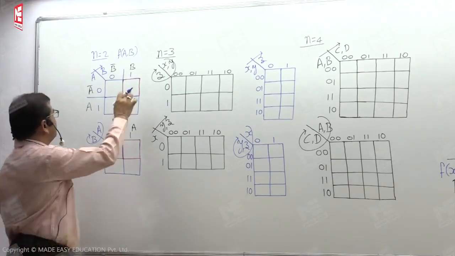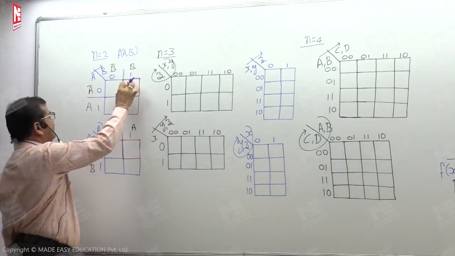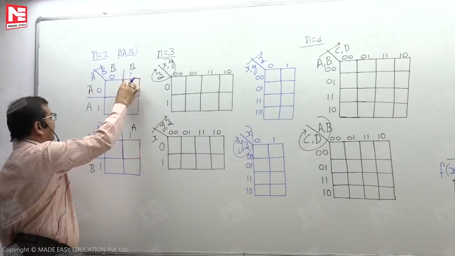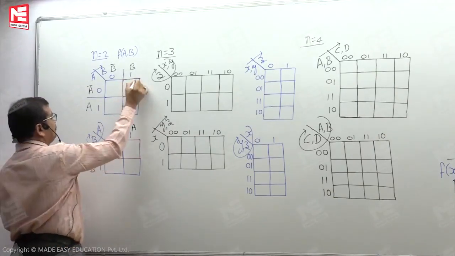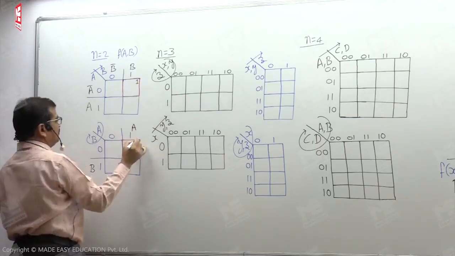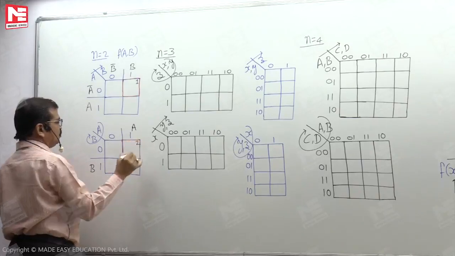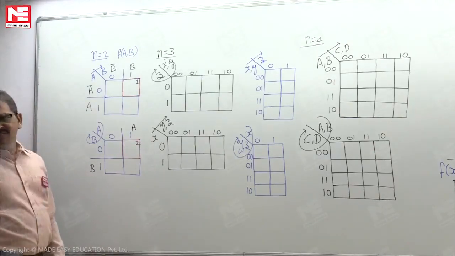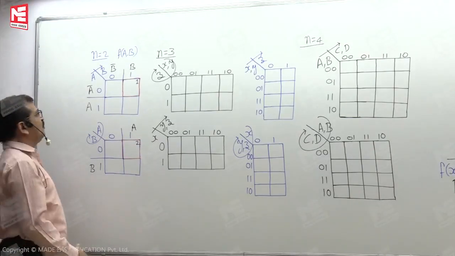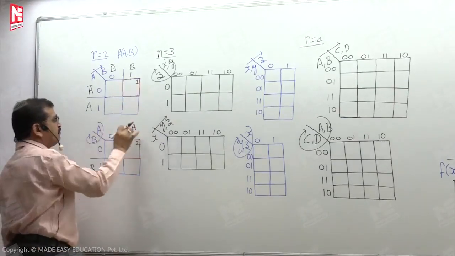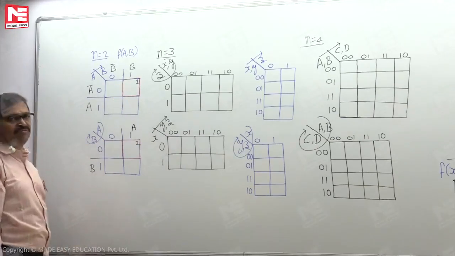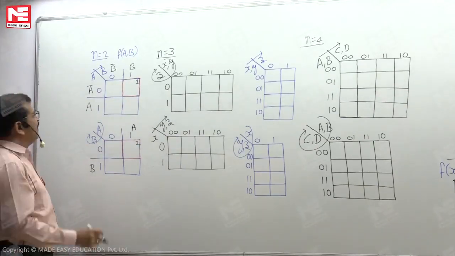Based on this, if you look here, what is the cell number here? The cell number here we read as 1. Whereas here, the cell number is 2. Why is it so? Locationally, these two are at the same place, but the cell numbers differ.